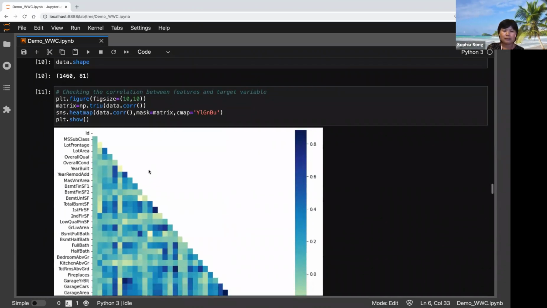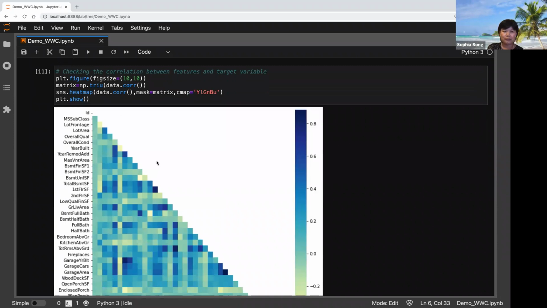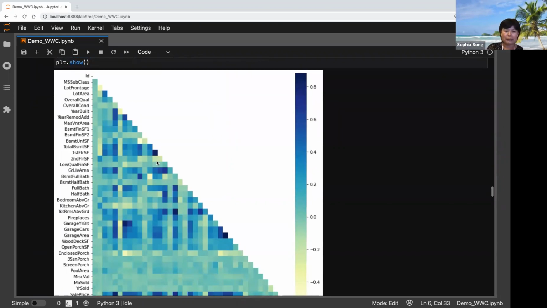Another analysis before modeling is that we need to understand the correlation between the features and between the features and the target variable. Here the sale price is the target variable.